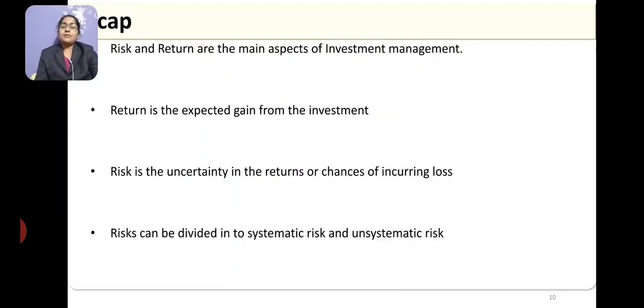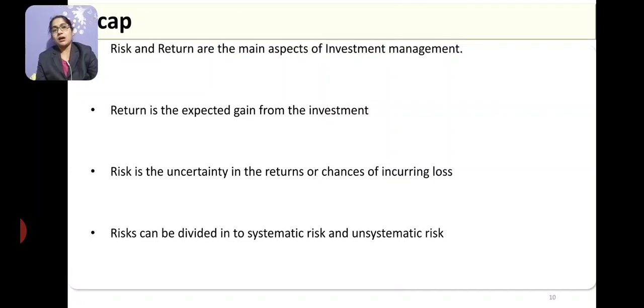Then of course, whenever we talk about investment, risk and return go hand in hand. Return is the expected gain from the investment. When it comes to risk, it is the uncertainty in the returns or the chances of incurring losses. Again, risk can be divided into systematic and unsystematic risk.